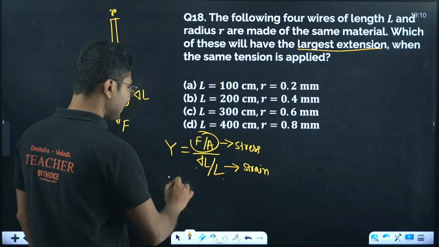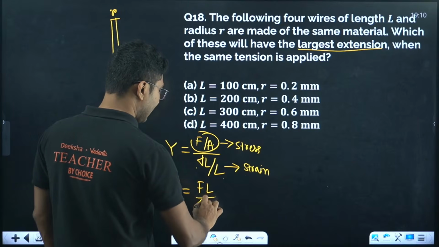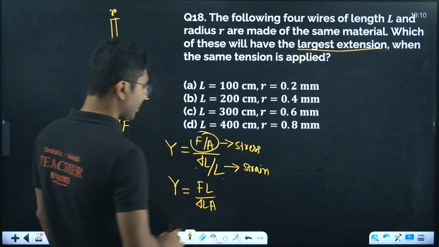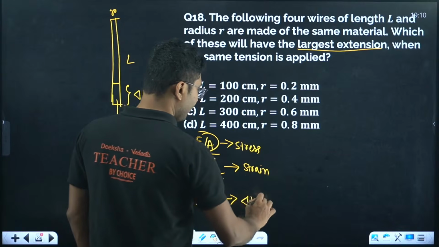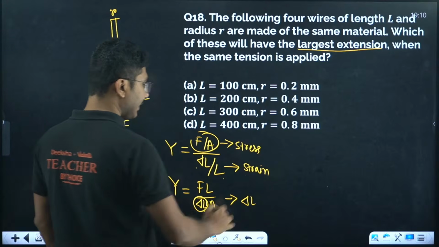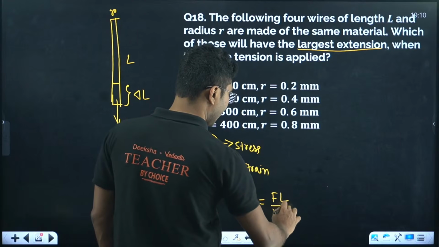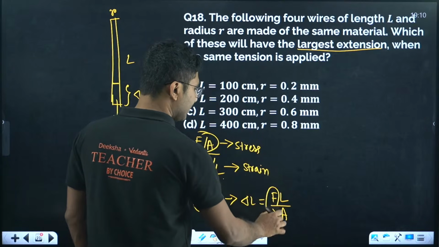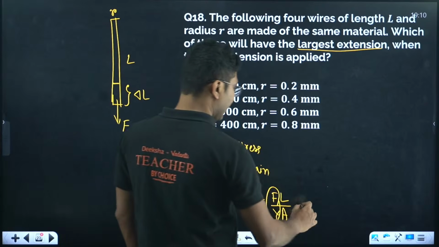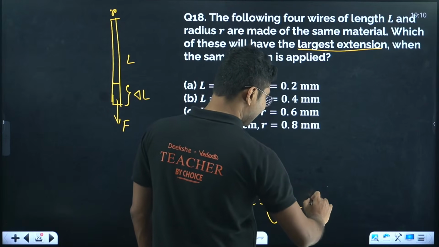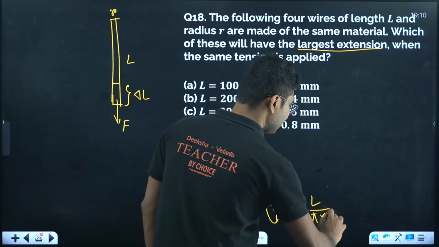Now let's simplify this. Y equals F into L divided by delta L into A. So delta L will be FL by Y into A. Now F and Y are constant, so what we need to check is L upon A. L is the length, and area is pi r square.